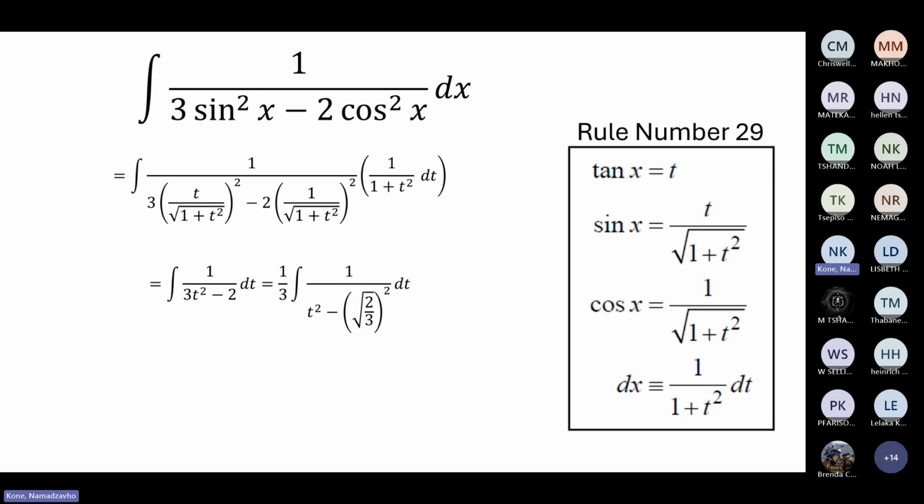I may be wrong. You remember? Rule 29. Am I right or wrong? 29. So you are reversing your 27. Yes, it's 29. So I'm right. So now, guys, apply rule number 29 and tell me what the answer is.